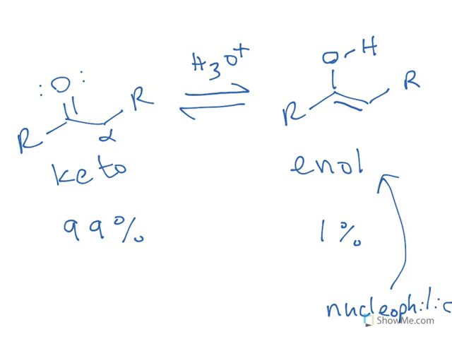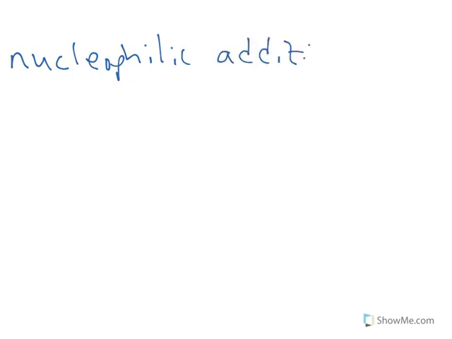So that allows us to add electrophiles to enols. So how does this work? Well, we're going to look at nucleophilic addition by enols.